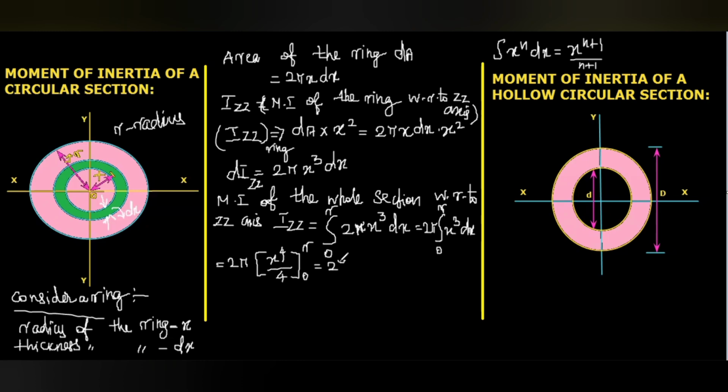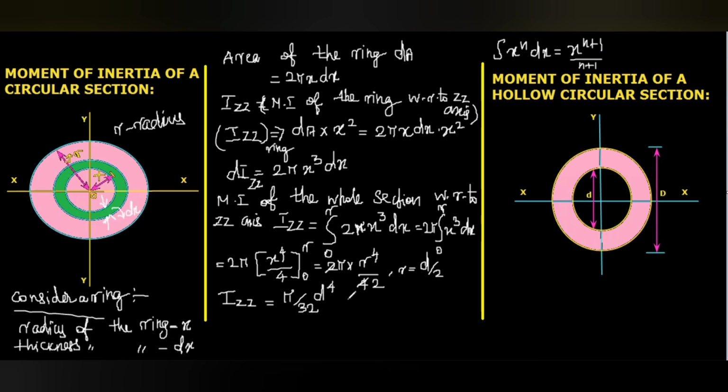Then we can write 2 pi r power 4 by 4. Then we can cancel this. So we will get pi by 2 r power 4. Okay. Then we know that r equal to d by 2. If we substitute, then Izz will be pi by 32 d power 4.